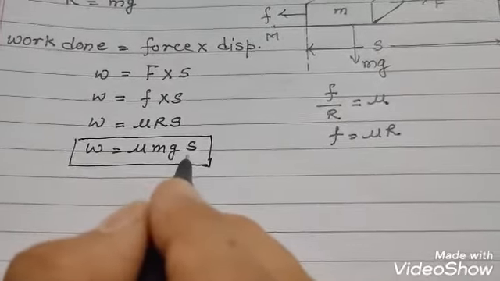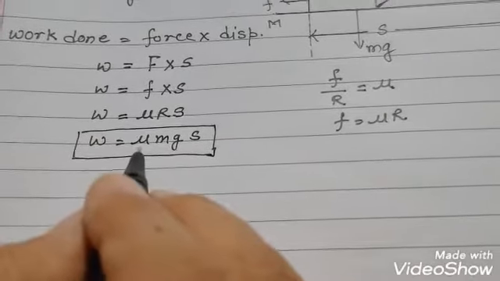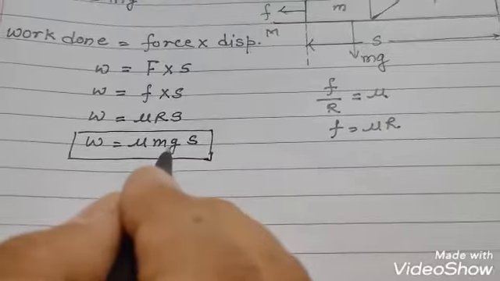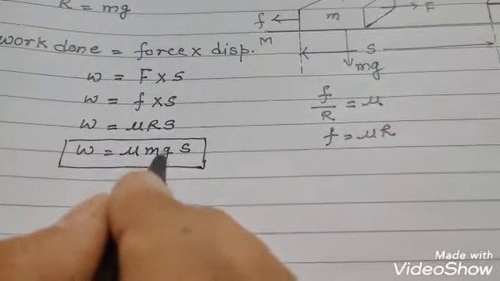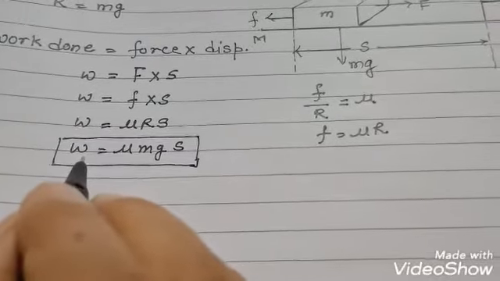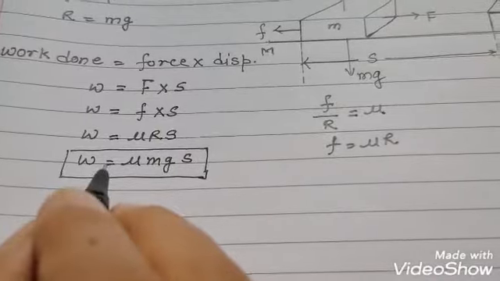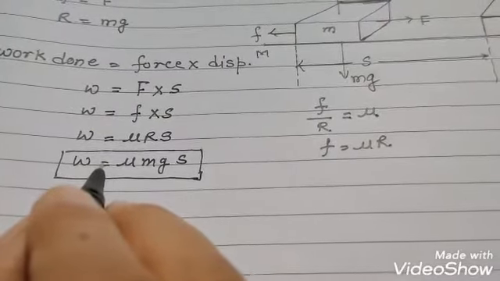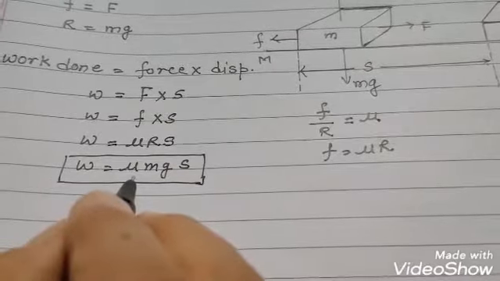So if we know the coefficient of friction of the surface, the mass of the body, the acceleration due to gravity, and the displacement, we are able to calculate the work done in moving a body over a rough horizontal surface, which is W equal to mu mg s.